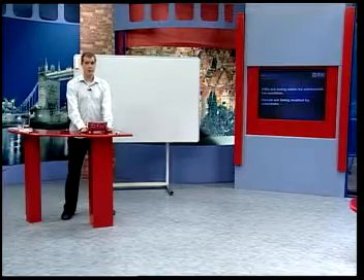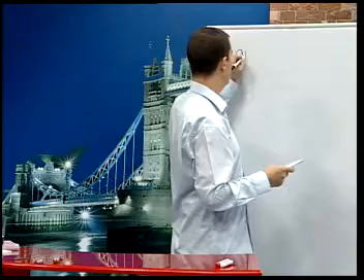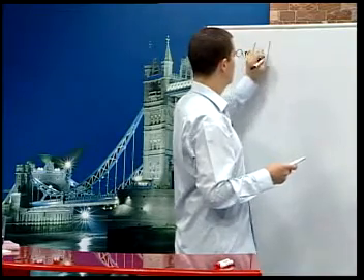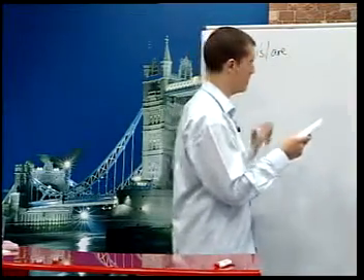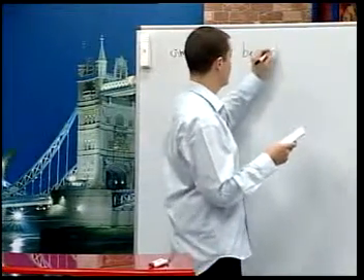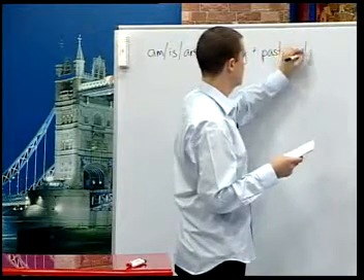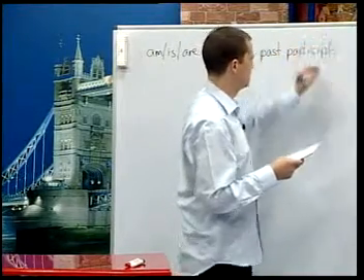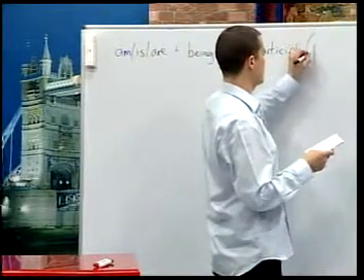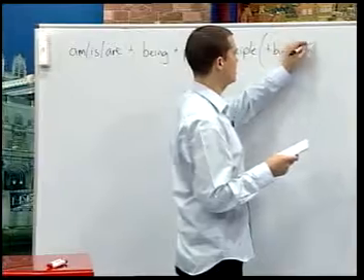The passive voice of verbs in the present continuous is formed by am, is, or are, plus being, plus past participle, and then sometimes plus by and plus agent.